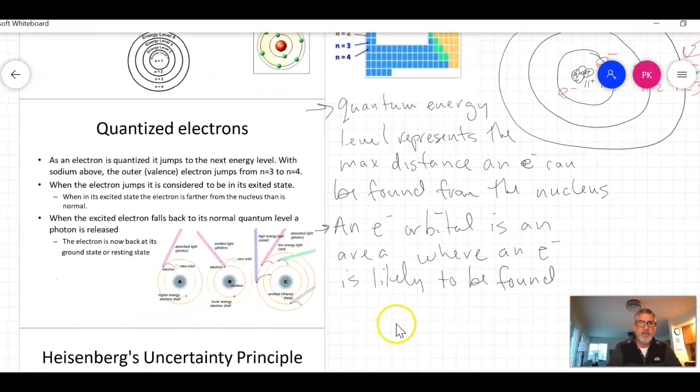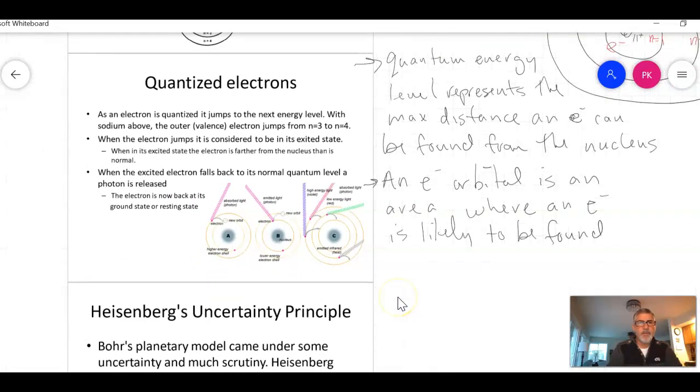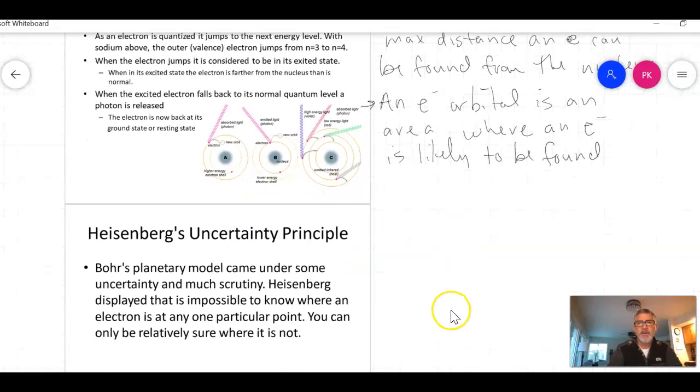So essentially that's what it talks about here. An electron is quantized, it jumps to the next energy level, from 3 to 4 is what I showed you. When an electron jumps, it's considered to be in its excited state. When it falls back to what's called its ground state, it releases a photon. And that photon is a packet of light energy. And it says all that in this picture here.